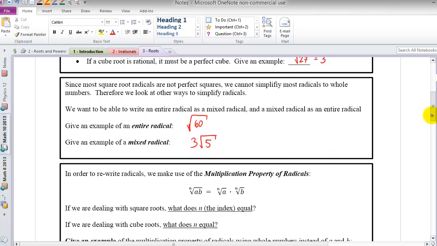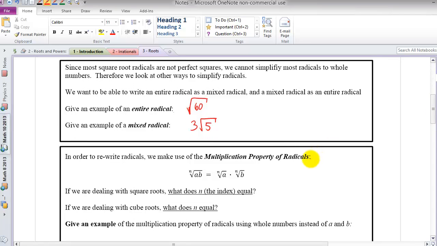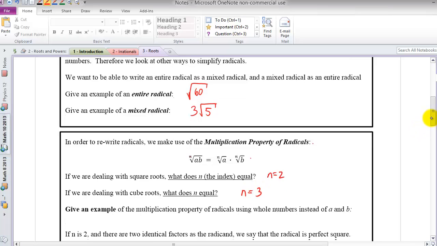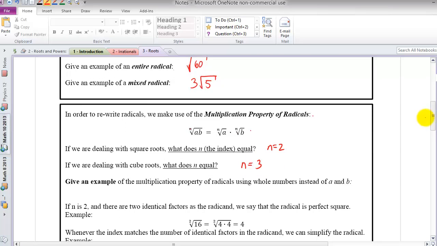So in order to rewrite radicals, we make use of what's called the multiplication property of radicals. If we think about square roots, n, the index, is equal to 2. If we're dealing with cube roots, we have n equal to 3. So I'd like to give an example of the multiplication property of radicals. We could do, say, the cube root of 20, and it doesn't really matter what it is, it's just an example.